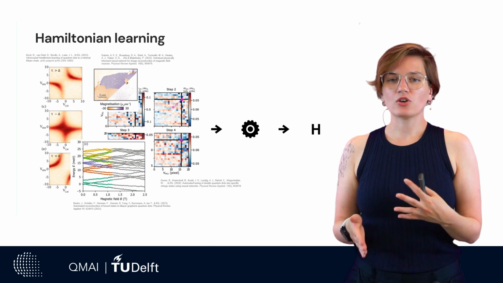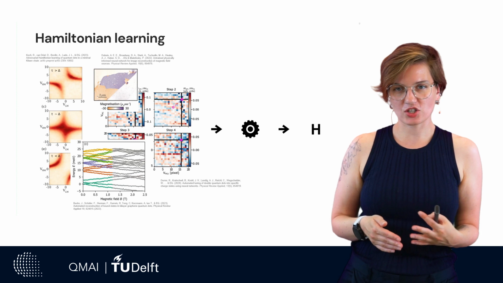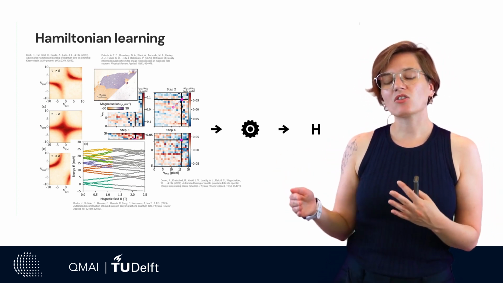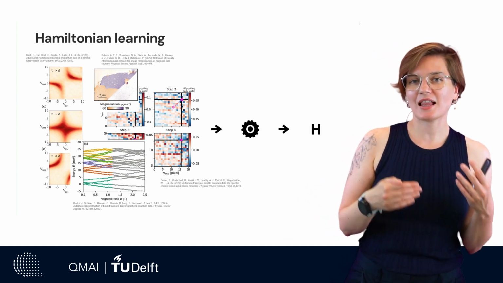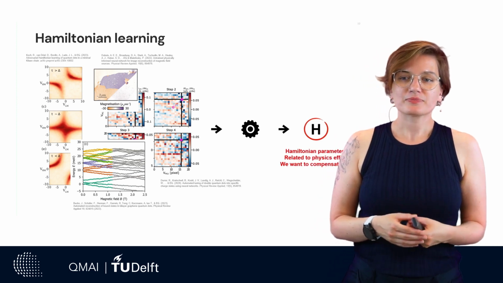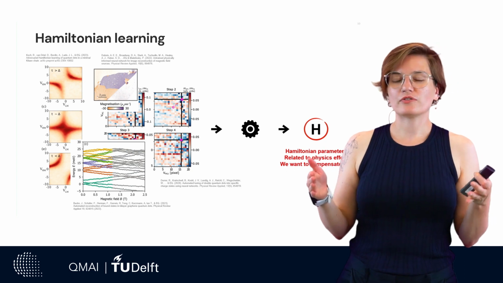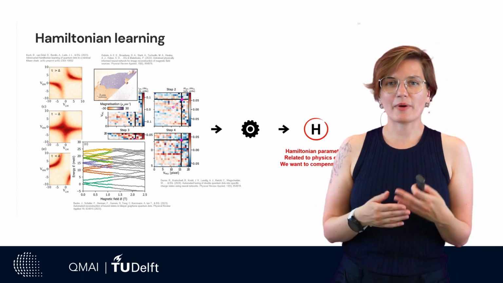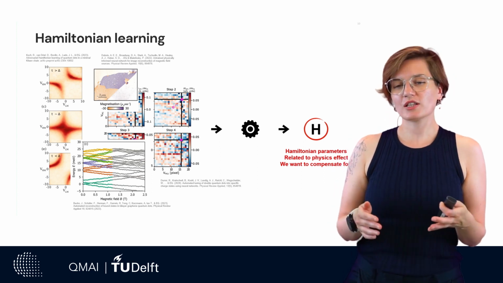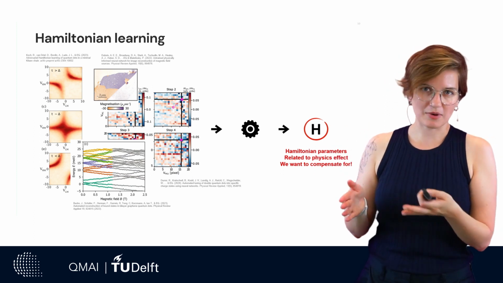So now we are not shifting voltages or classifying charge stability diagrams. Now we want to know the Hamiltonian term that governs the physics that allows us to measure whatever we are currently measuring. This is again the conceptual difference compared to the previous things we discussed, but from a machine learning point of view it's very similar, because it's again data, model, and some kind of numerical output.